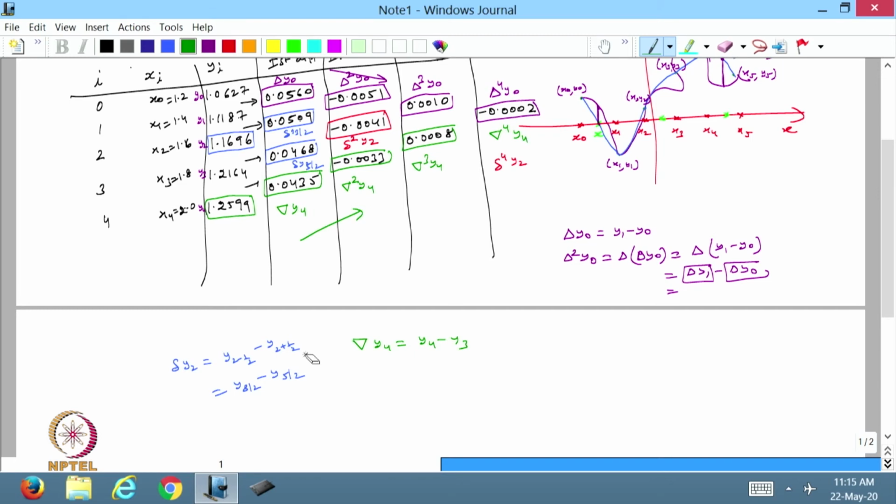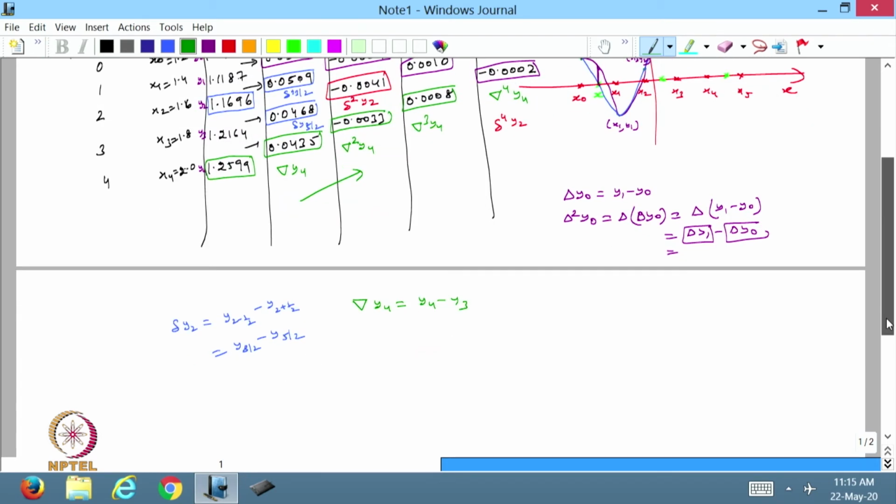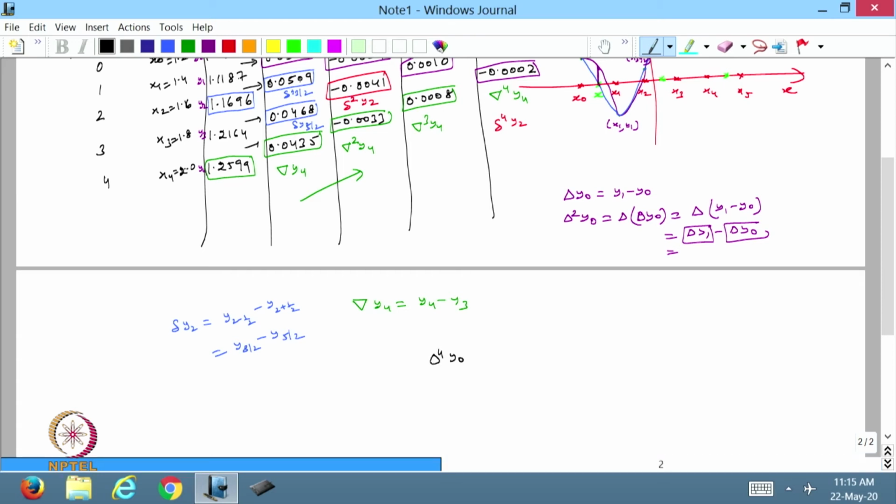So, first order difference, second order, third order and fourth order. From here I can say that the fourth order y naught is equal to fourth order y 4 and it is equal to delta 4 y 2. So, all value is equal to minus 0.0002.